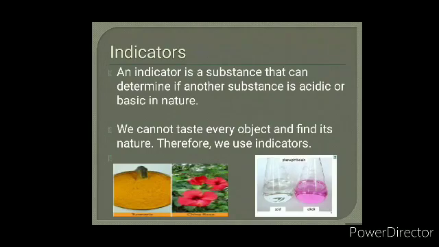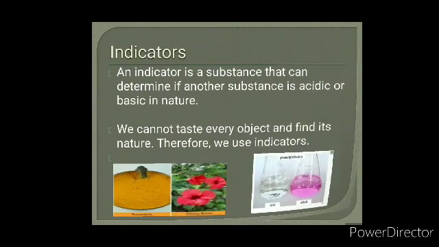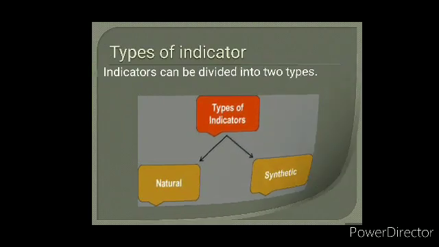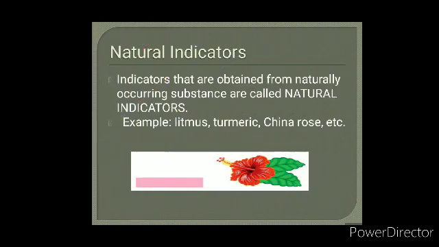Broadly, indicators are classified into two categories. One is natural indicators, the other is synthetic indicators. We will discuss one by one. First, we will discuss natural indicators. Indicators that are obtained from naturally occurring substances are called natural indicators.